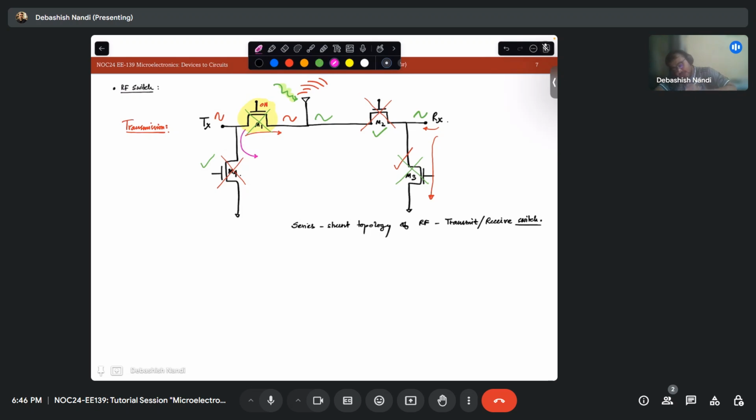This yellow highlighted portion, you do not generally use a single transistor. You use a stack of transistors, maybe 6 to 12. You connect them in this fashion, just the way we have shown in the last figure, so that your VDS does not increase. You know, right?